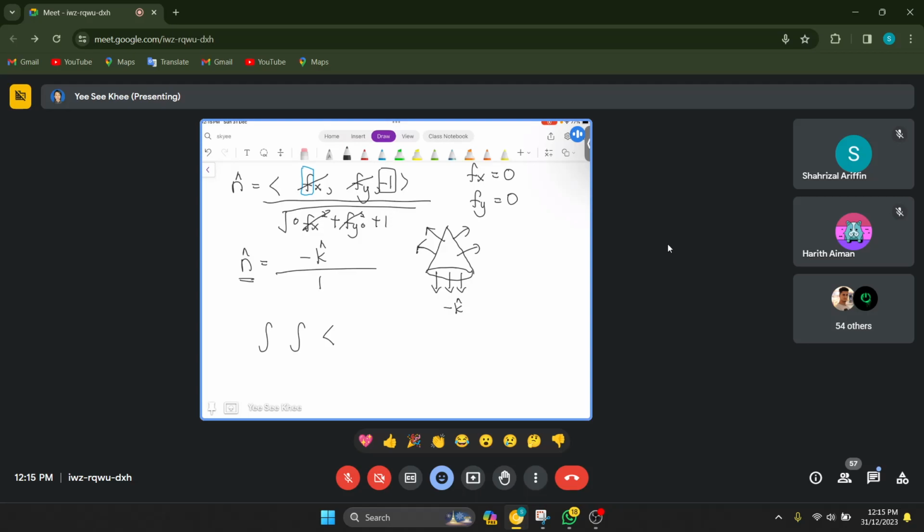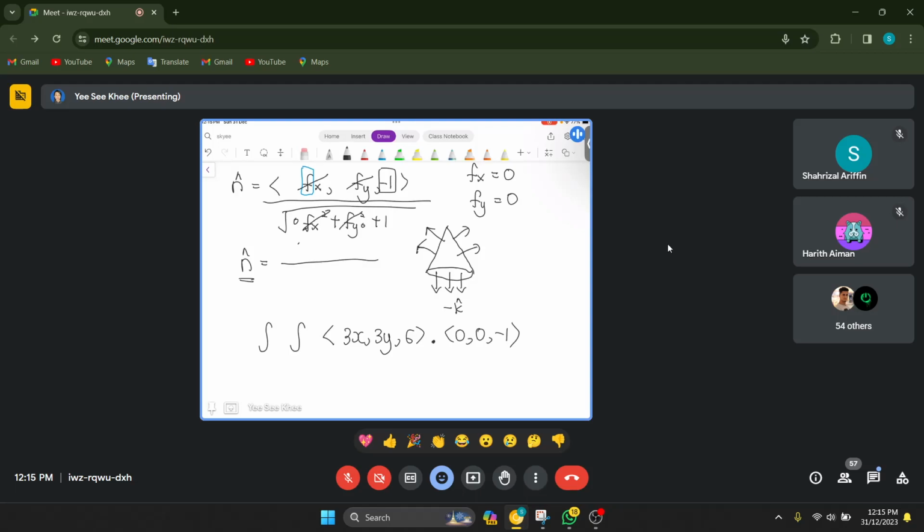So the f is equal to what? 3x, 3y, 6, and dot product with this 0, 0, negative 1.